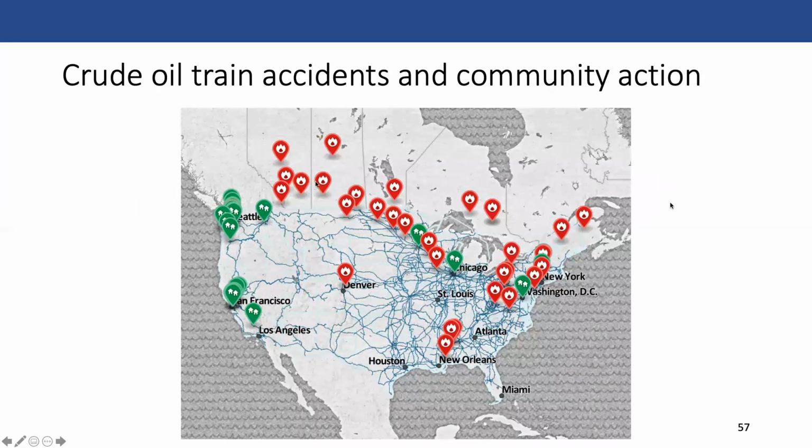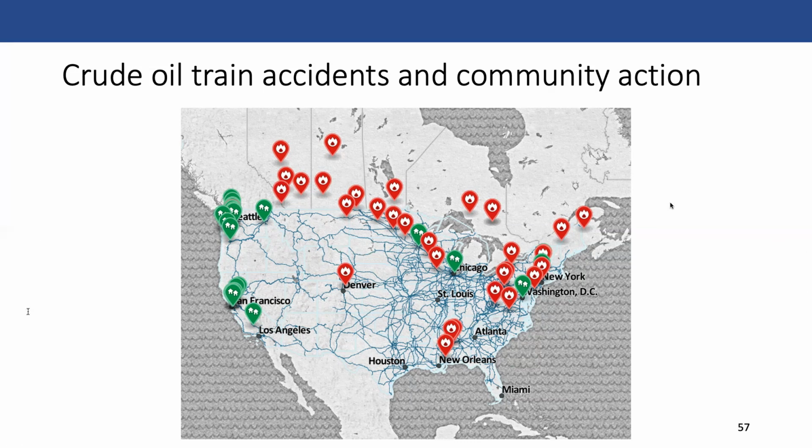Here's a map that displays historical transportation accidents on train lines. And that has led to community action in other parts of the country.